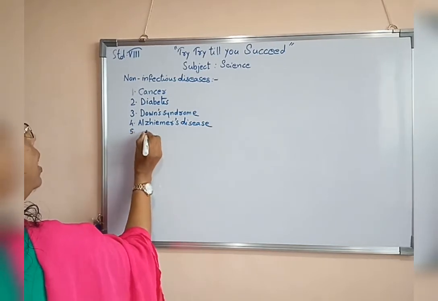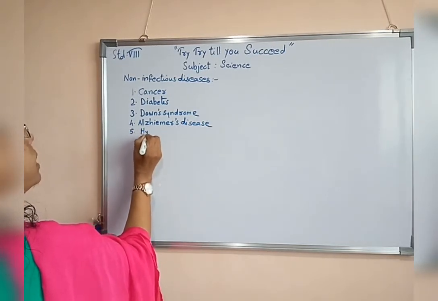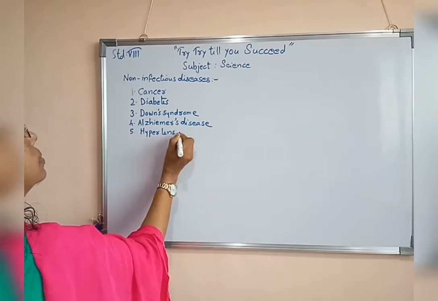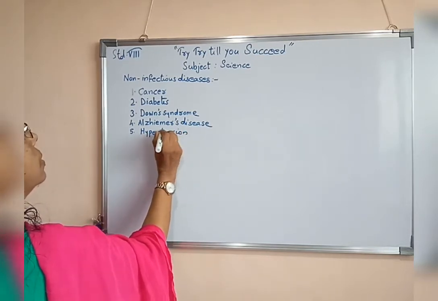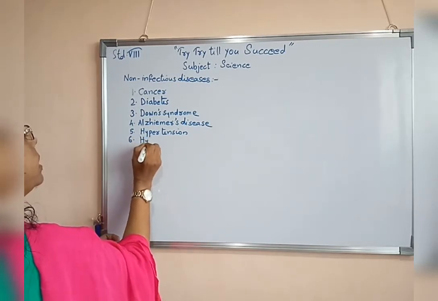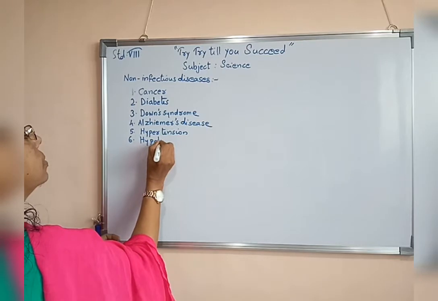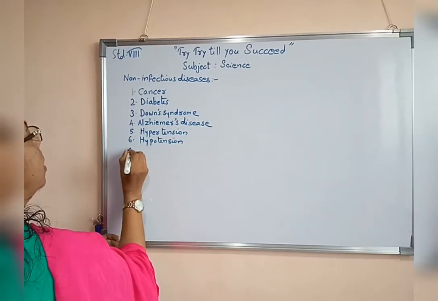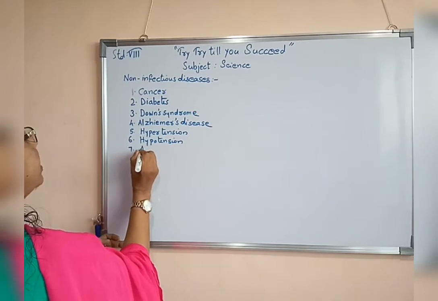Fifth one, high BP, hypertension. High BP means hypertension. Then low BP, that is hypotension. Then we can say asthma.